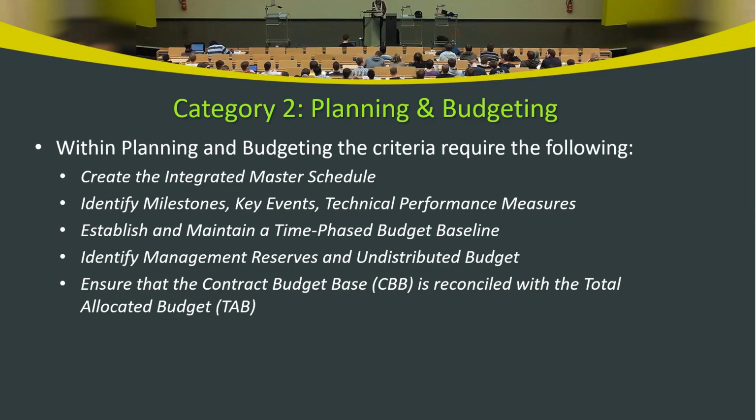The criteria include the following: master schedule, milestones, key events, technical performance measures, establishing and maintaining time-phased budget baseline, management reserves, and we also have a contract budget base and total allocated budget. So let's discuss these one by one.